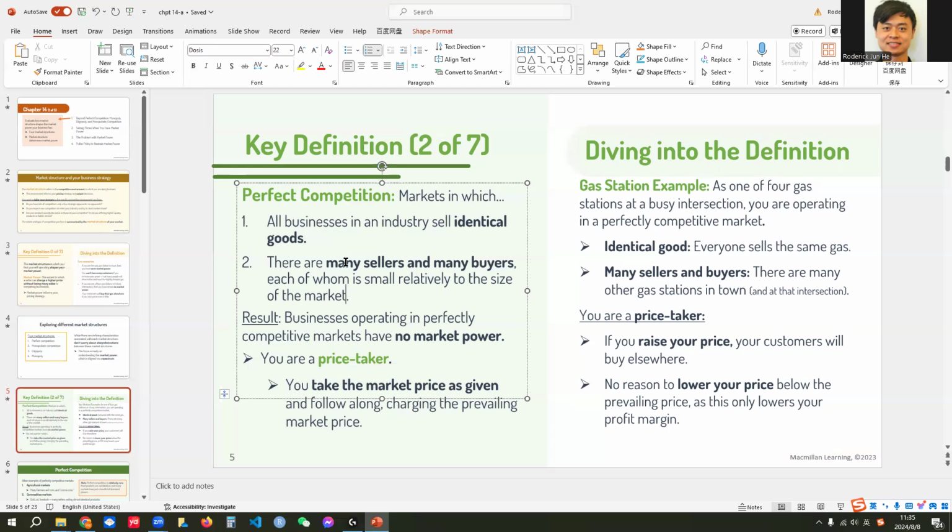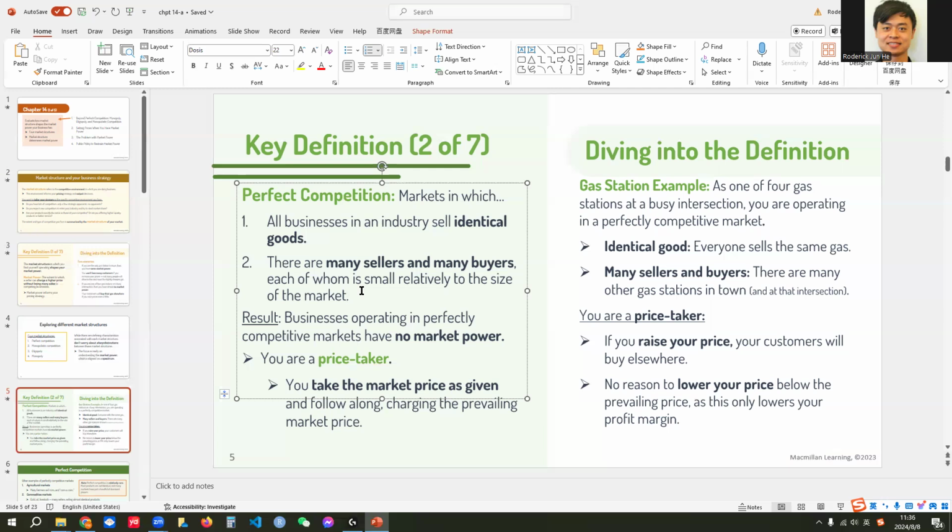There are many sellers and many buyers, each of whom is small relative to the size of the market. Like if you're walking on the street, do you really pay attention to the ants going around? Because there are too many, and they are too small. Think of them as businesses in the perfect competition market.